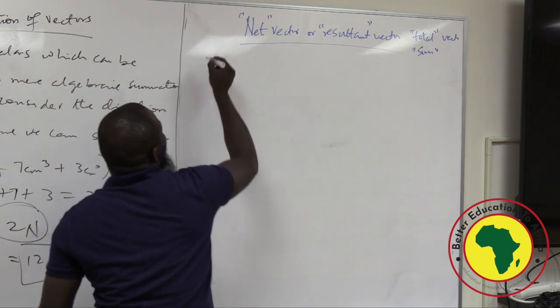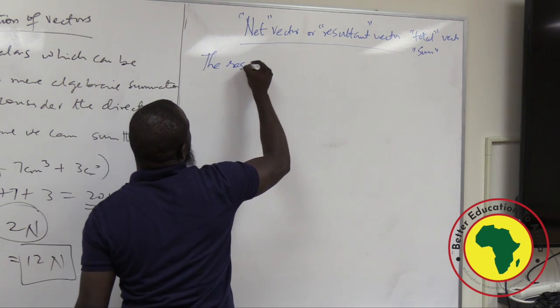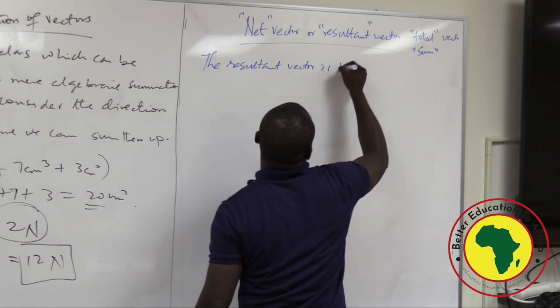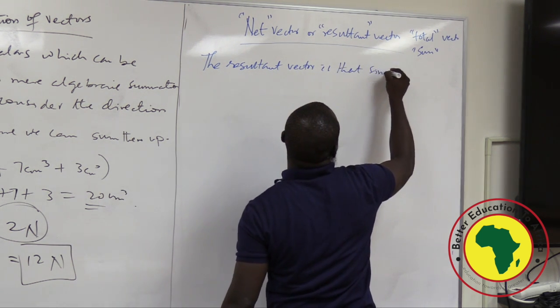So we say the resultant vector is that single vector.